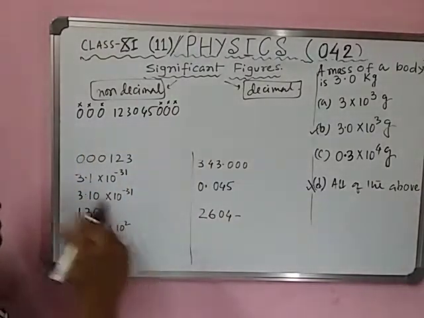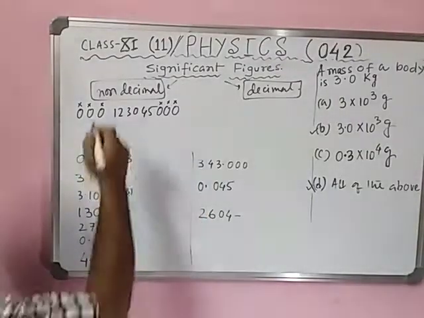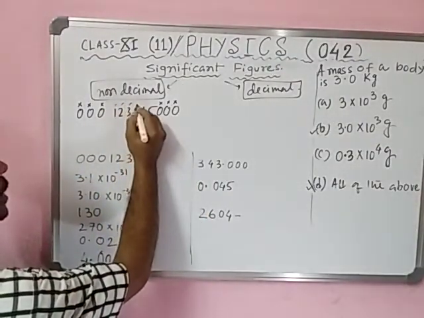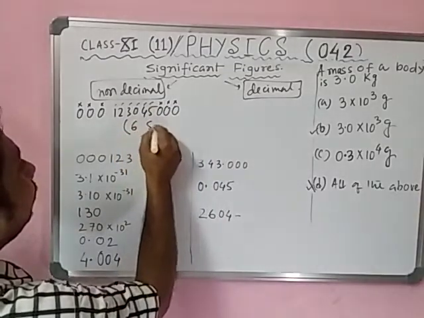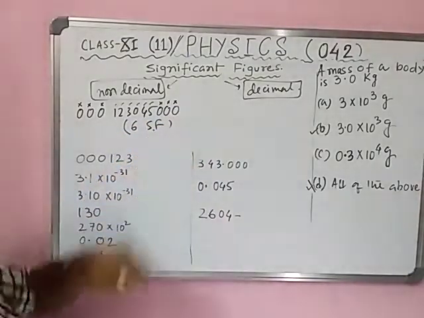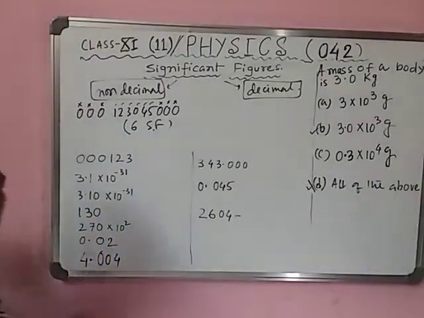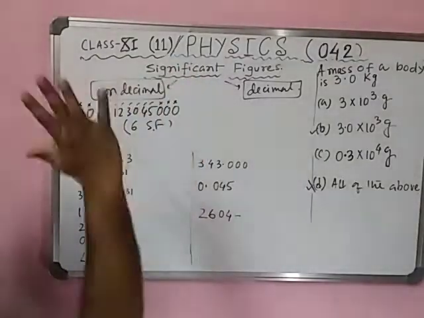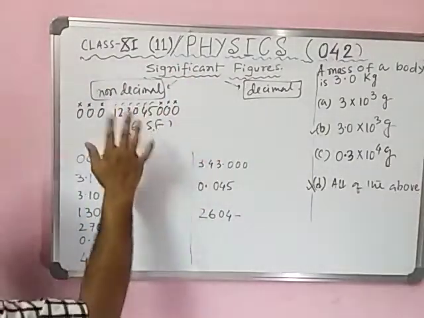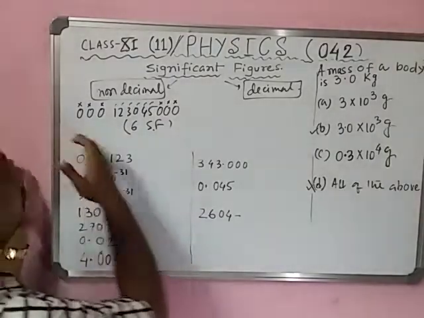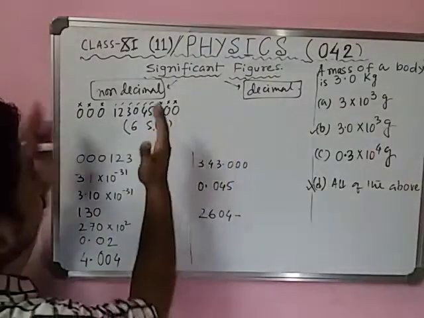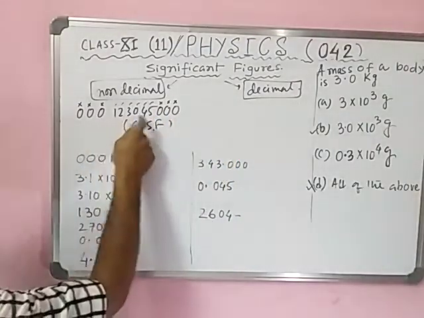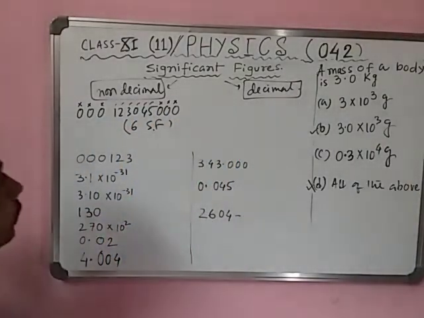So the number of significant figures is 1, 2, 3, 4, 5, 6. So there are 6 SF, where SF means significant figures. The middle zero you count, but the front zeros and the back zeros you cancel. Only the digits 1, 2, 3, 0, 4, 5 are significant.